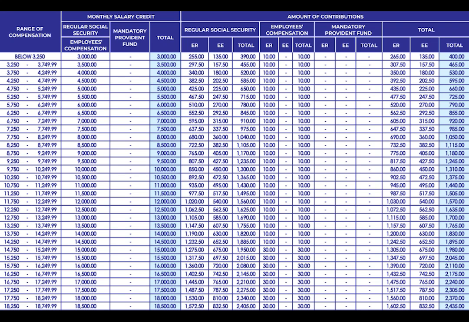Since the basic pay is 14,250 pesos, locate which row the gross salary belongs to, and see how much is the total contribution in the EE share column. The value is 652 and 50 cents.